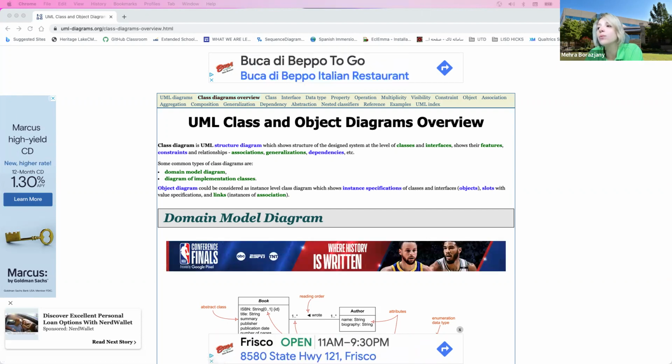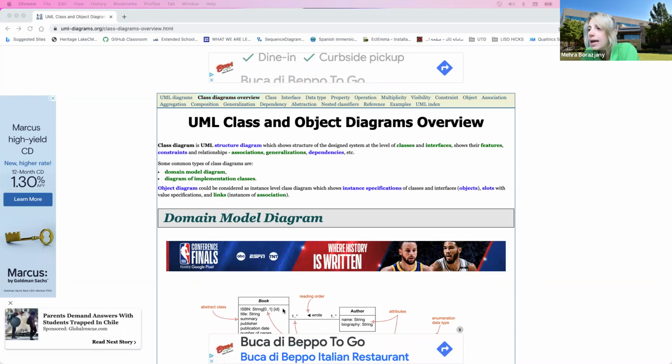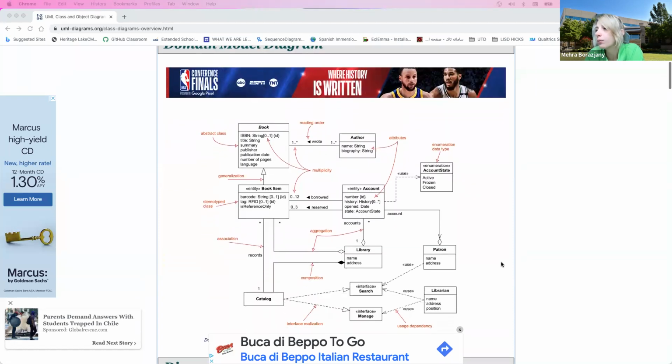So who knows how we show the abstract in the UML diagram? Anybody have any idea? If a class is abstract or a method is abstract in a diagram, how are we going to show it? And looking at this diagram, you probably can find at least one abstract class here.